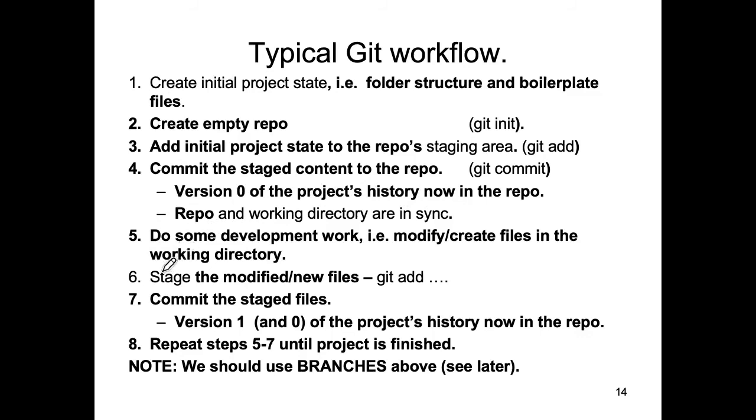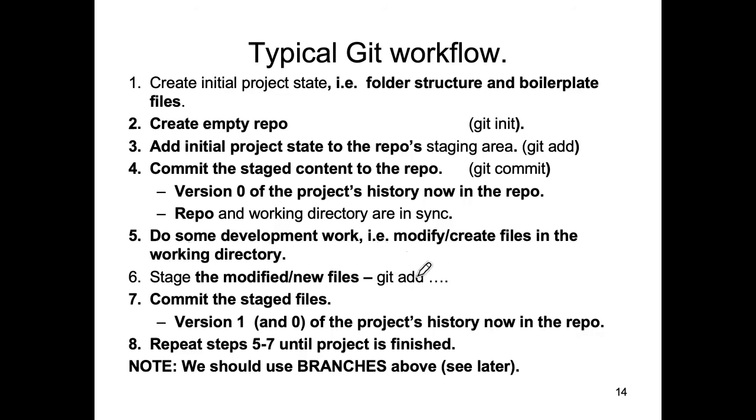Then you stage those changes that you have carried out up here. In other words, you type the git add command. Again, it's a tiny bit vague, but you're essentially telling Git that I am about to commit some changes to the repository, but I'm not fully committing them yet.